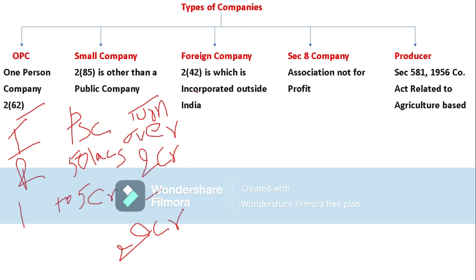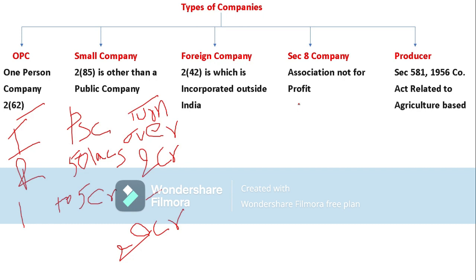Okay. Now coming to section 8 of Companies Act. So under section 8 of the Companies Act, which companies are treated as section 8 companies? Okay. So section 8 companies are those companies which are in association, not in association with profit. Means those companies' aim is not for profit. Okay.